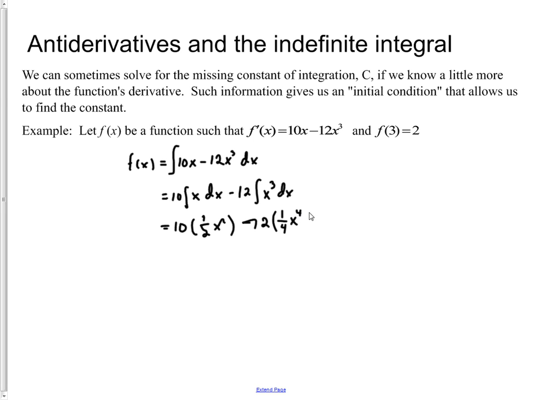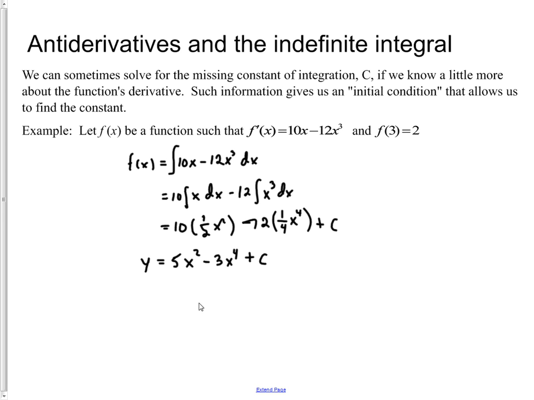We're adding 1 to that exponent, plus our constant of integration. So simplifying this will result in y equaling 5x squared minus 3x to the 4th plus that constant of integration.